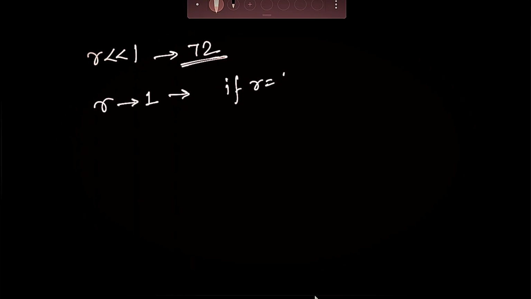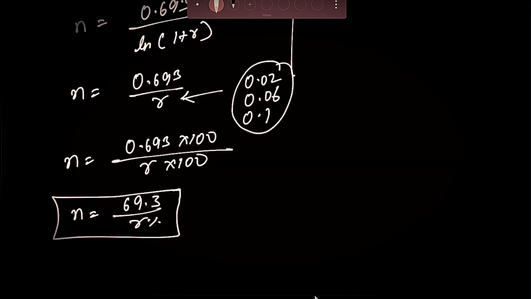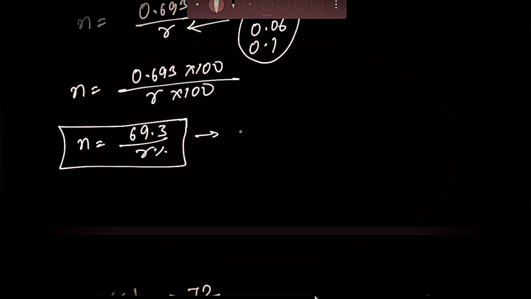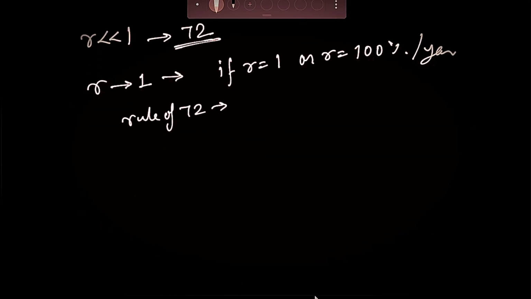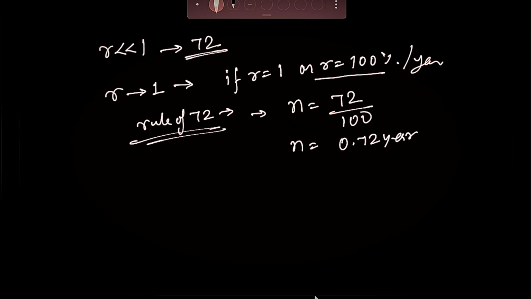If r equals 1, or a 100% rate of return per year, the rule of 72 gives us, well, now this becomes n equal to 72 by r. So the rule of 72 for this r gives us n equal to 72 by 100, which says your money will double in 0.72 years.